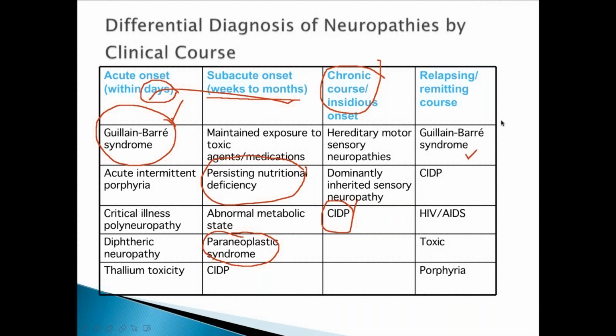So there is something called as a repeated GBS also, which that has to be differentiated from this. It might be HIV, it might be toxin exposure. So in this table of at least 15 things, what you need to remember is GBS over here, a paraneoplastic syndrome in weeks to months, or nutritional deficiency, and then again toxic ones in relapsing course. This is going to give you a clue during HO disease.